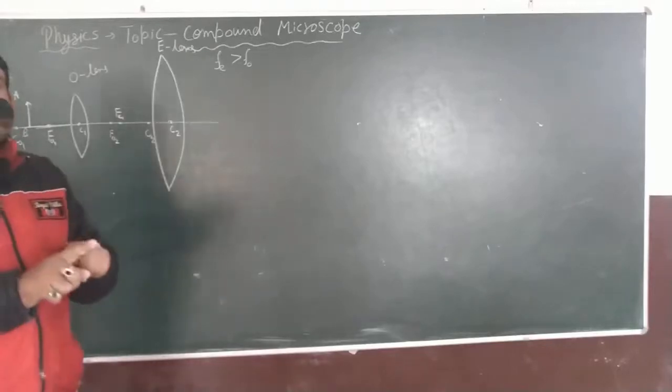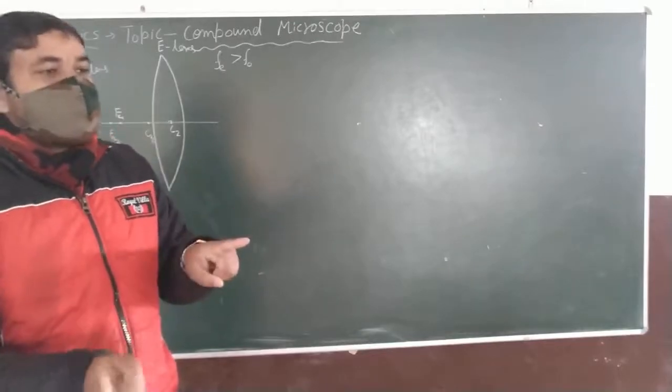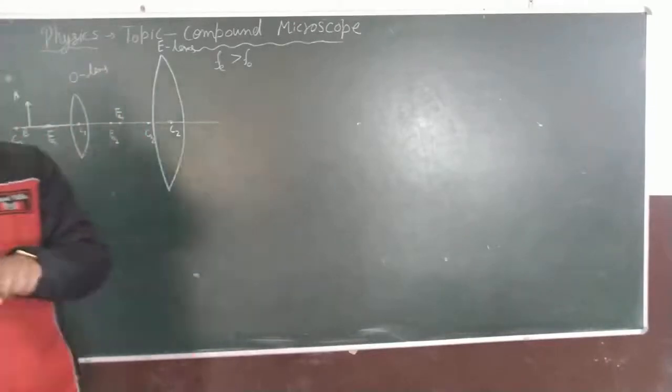Now, the first condition, as we know: when an object is placed in between the center of curvature and the focal length, the image formed by the convex lens is inverted, real and larger in size.